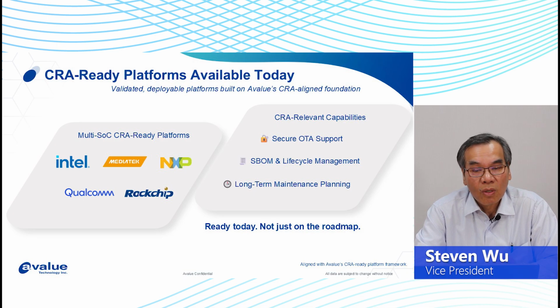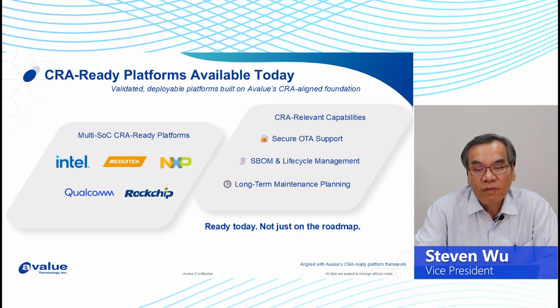With all this together, we can deliver the features to help our customers maintain the product long-term in real time, and we can deliver the essential information, including SBOM and all of the software life cycle information.